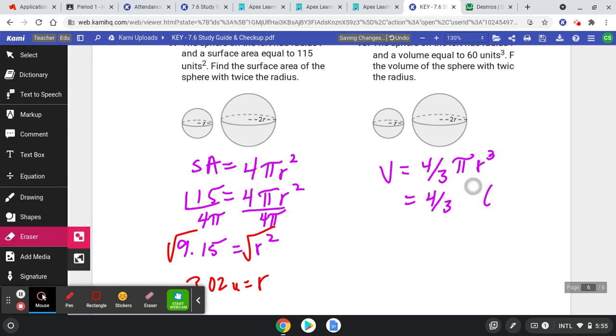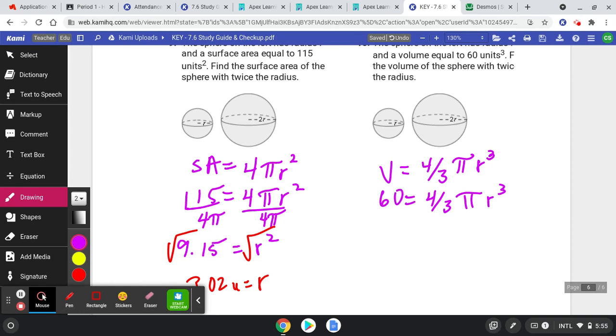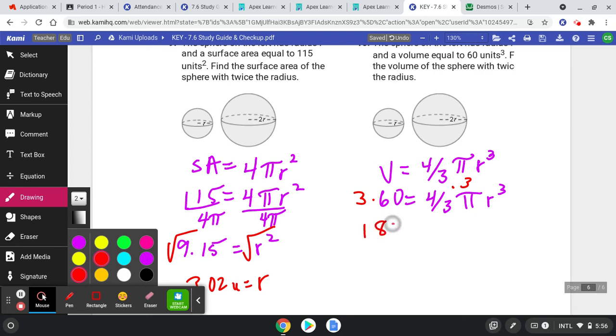Okay, this time we're working backwards to find the radius when given the volume of 60. So first we're going to get rid of that denominator, multiplying both sides by 3, and then dividing both sides by 4 pi.